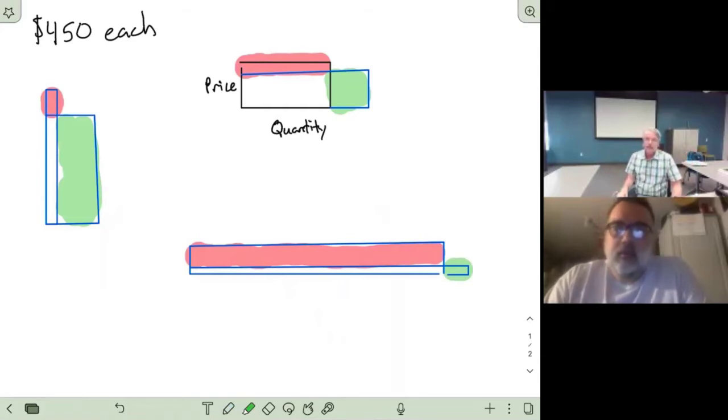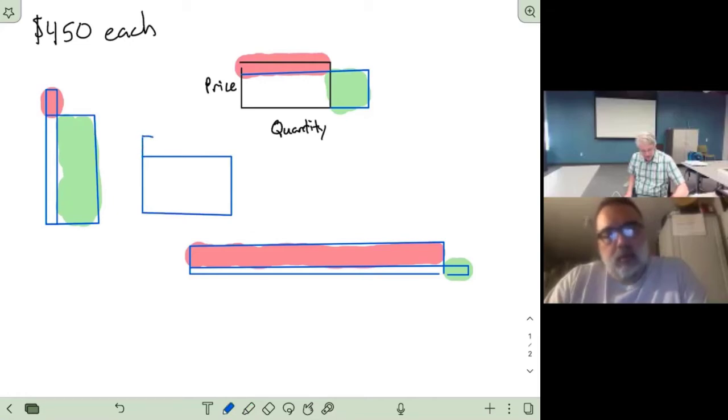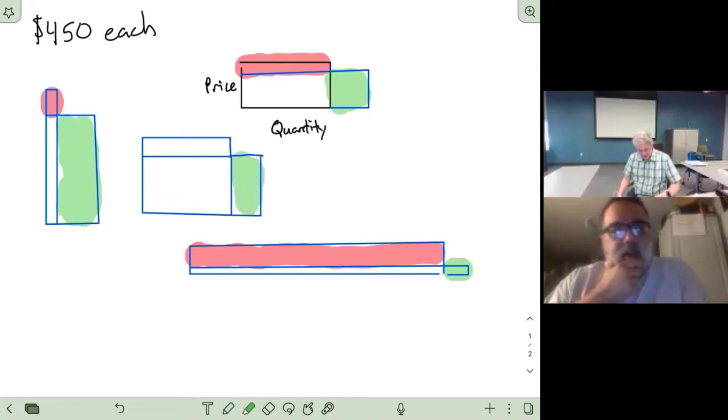Then there's got to be some Goldilocks moment in between where the red exactly offsets the green. I probably won't be able to draw that very well, but there's got to be some moment in between where you get this exact offset, and that's where you want to be. So that's what we're going to try to do to figure out how to model this. So that's the situation here.